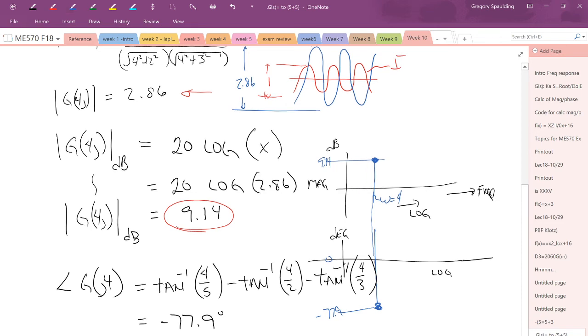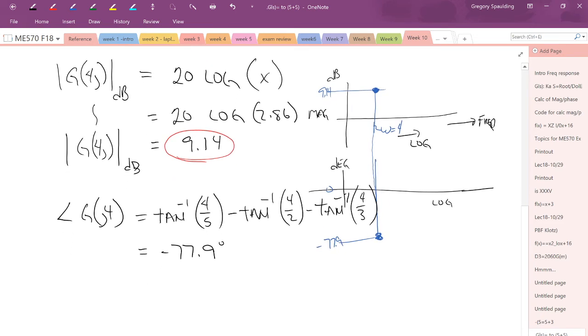Now, you can verify this in MATLAB by using a command, and I ask you to do this on the homework: mag, phase, omega out equals Bode of G, omega. It's going to give you 3 arguments out.